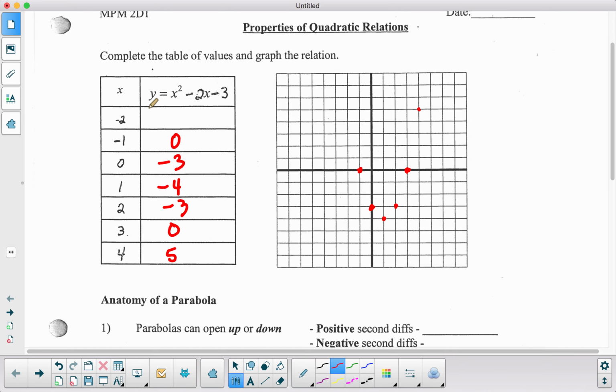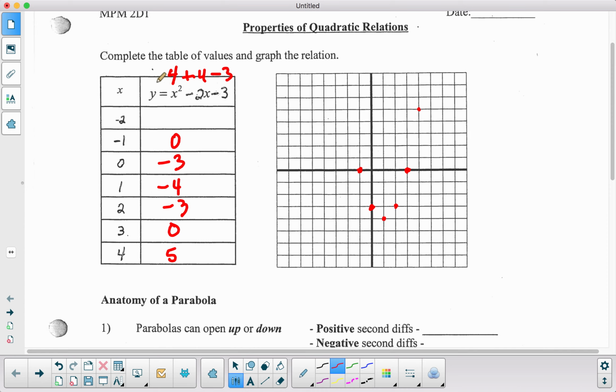And the last point here is x is negative 2. Okay, if x is negative 2, negative 2 squared is negative 2 times negative 2, which is 4. And minus 2x, so minus 2 times negative 2 is positive 4, minus 3.